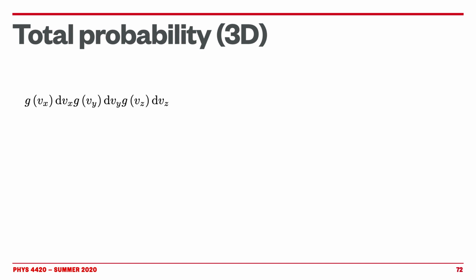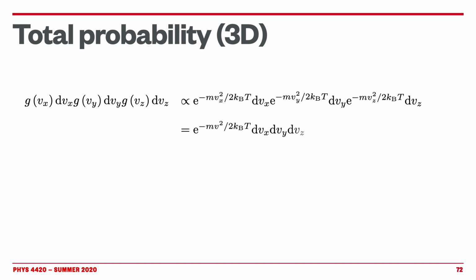The good news is that in my treatment in the previous slide, I just picked an axis randomly, but it could have been any other axis. So the math is described the same way. In other words, we can replace the g(vx), g(vy) and g(vz) by what was found in the previous slide. What's nice about this, of course, is that because of the exponential, the product of the exponentials is the exponential of the sum, and I end up with this formula, which is nice.